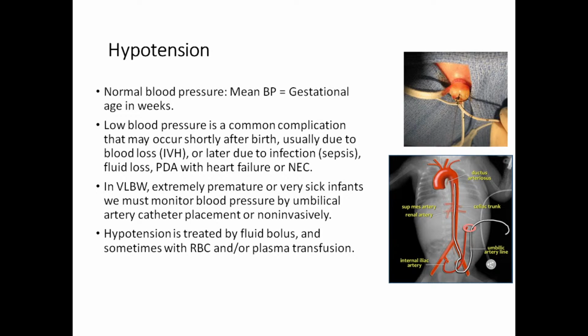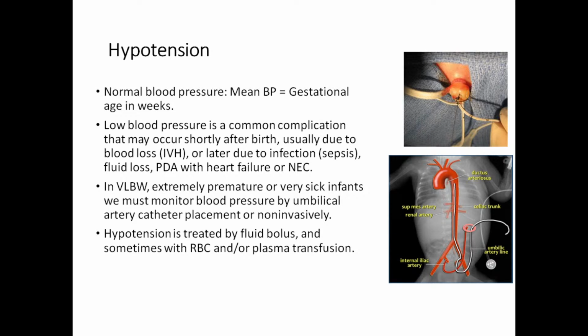Normal blood pressure: mean BP by gestational age index. Low blood pressure is a common complication that may occur shortly after birth, usually due to blood loss or intraventricular hemorrhage, or later due to infection, sepsis for example, fluid loss, patent ductus arteriosus with heart failure, or necrotizing enterocolitis.